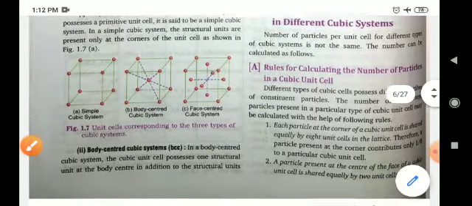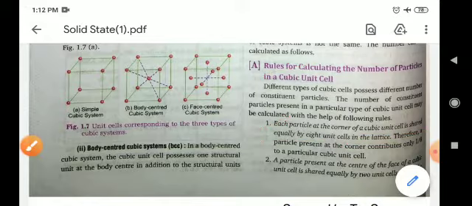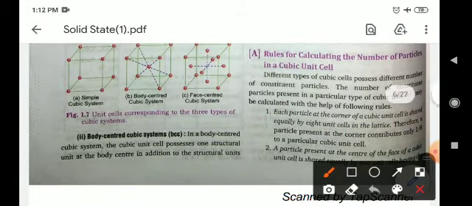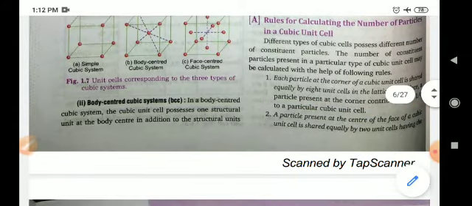Rules for calculating the number of particles in a cubic unit cell. Number 1: each particle at the corner of a cubic unit cell is shared equally by 8 unit cells in the lattice. So a particle present at the corner contributes only 1 by 8 to the cubic unit cell.